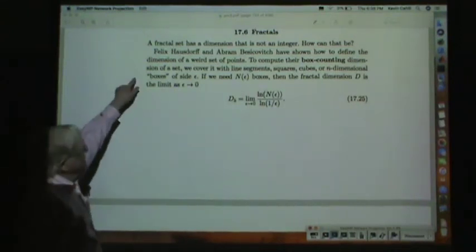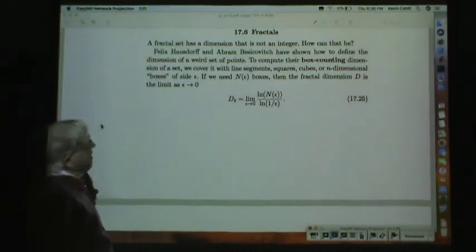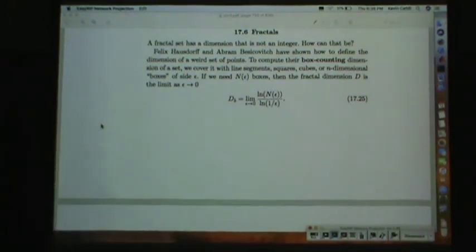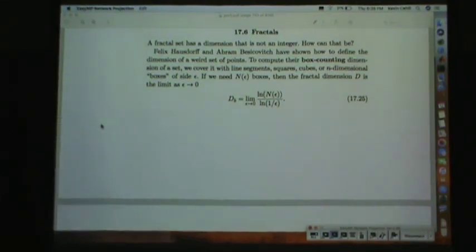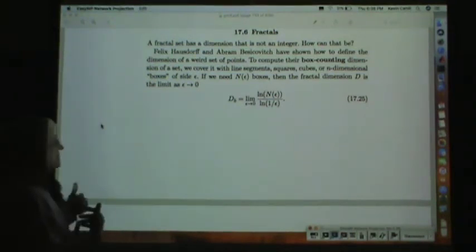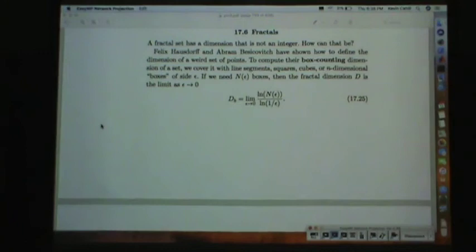So here's the box counting dimension. What you do is you cover the set with line segments if it's a one-dimensional set, or if it can fit in one dimension. If it fits in 2 dimensions, you cover it with squares. If it fits in 3 dimensions, you cover it with cubes. Or you cover it in general with n-dimensional boxes of size epsilon.